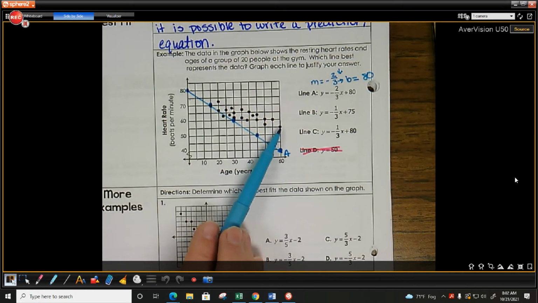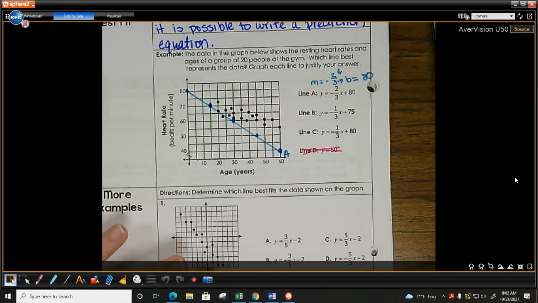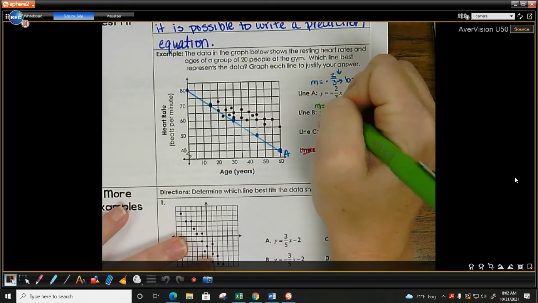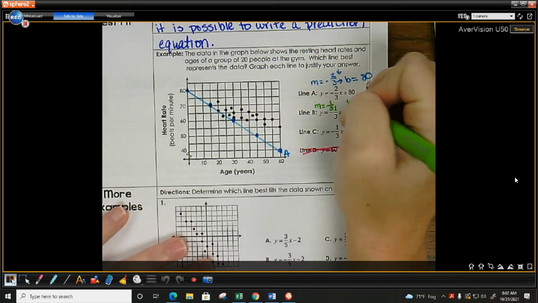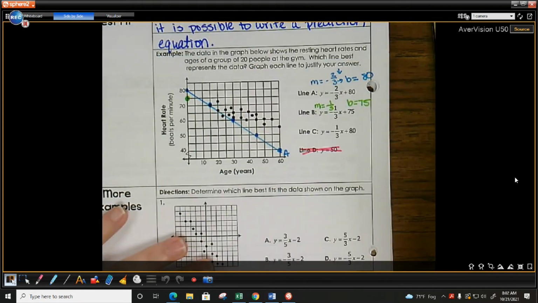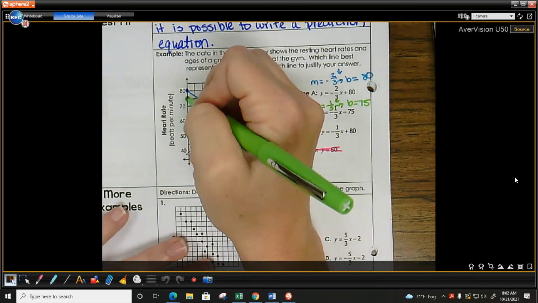Okay, let's look at line B. What's my M? And what's my B? So I'm going to begin at 75, and I'm going to go down 1, right 3. Down 1, right 3. Keep following that pattern.